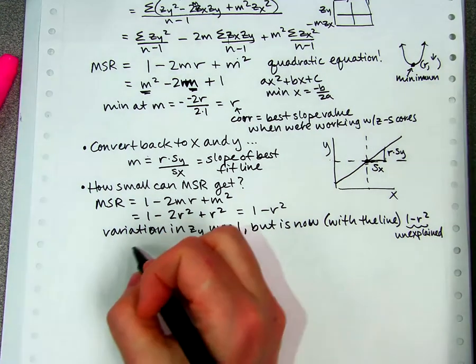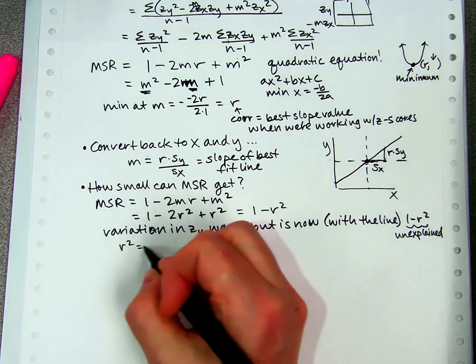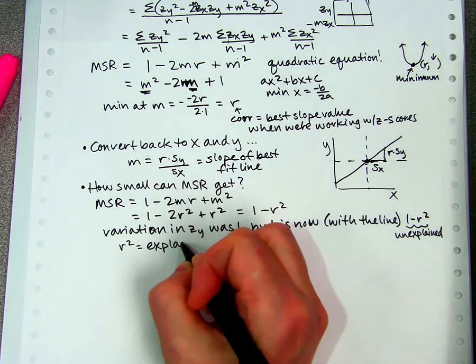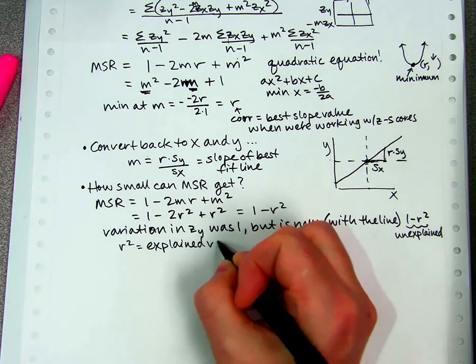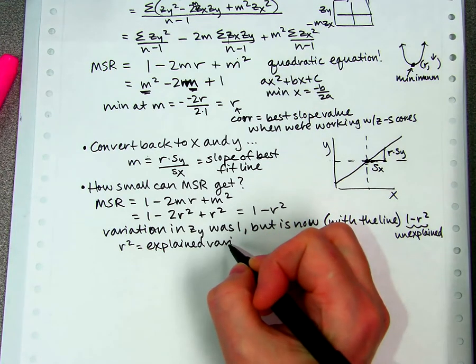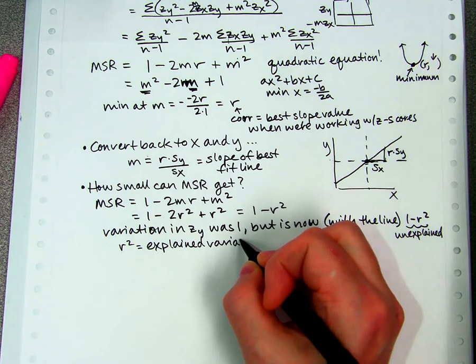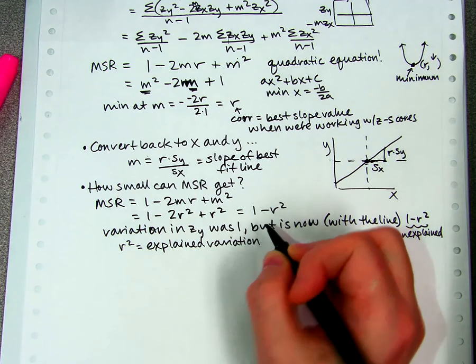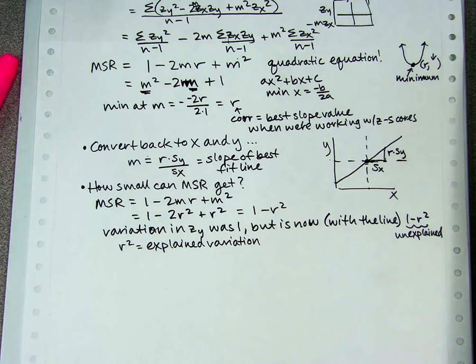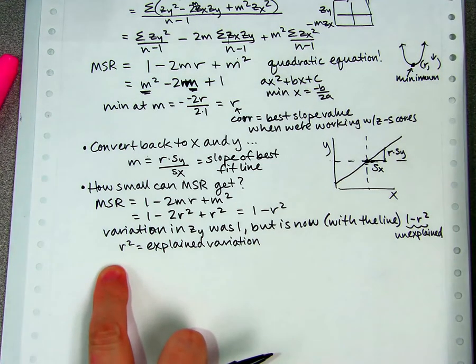So that means that r squared is the explained piece. And that is in lesson 3.2c, which you may or may not have listened to that video yet, but the explained variation, we're going to talk about that in that video. So r squared is the explained variation.